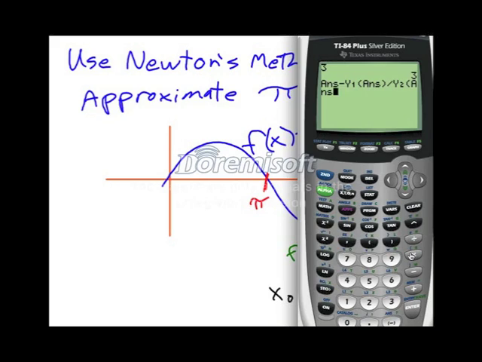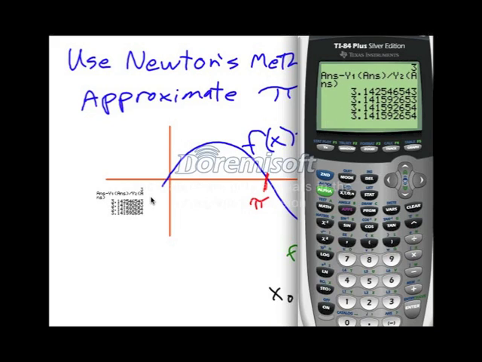And it's all set. So I'm guessing pi is about 3. I press enter. Okay, that's a better approximation for pi. That's slightly better. And now I can't tell the difference between that and any of the other guesses.